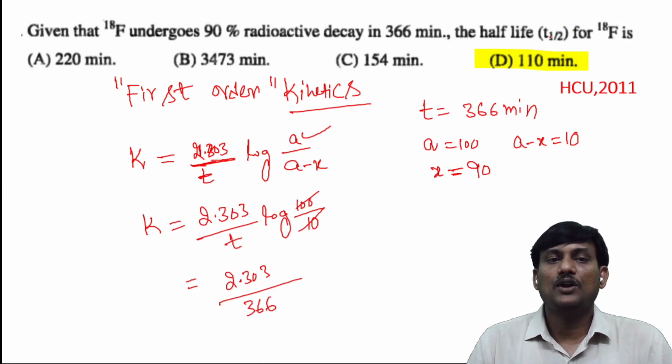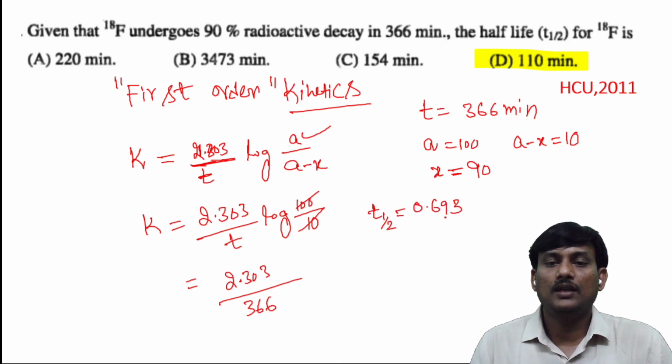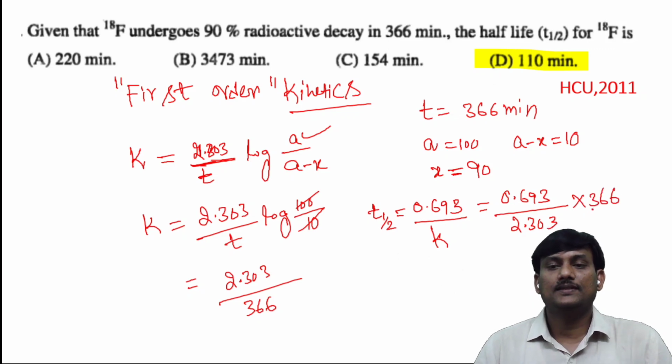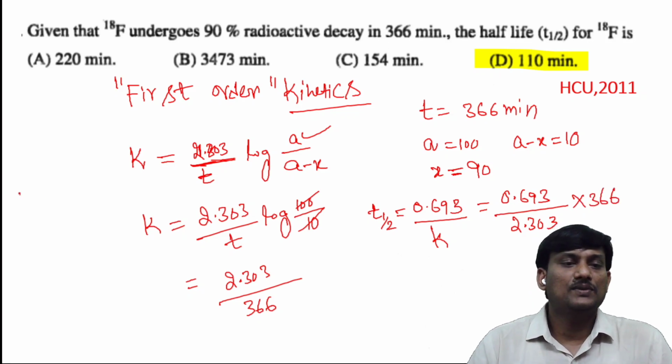We know the relation between half-life time and rate constant. This is the relation: T half is equal to 0.693 by K or lambda. So 0.693, here the K value is 2.303 by 366. After final calculation, you will get T half is equal to 110 minutes.